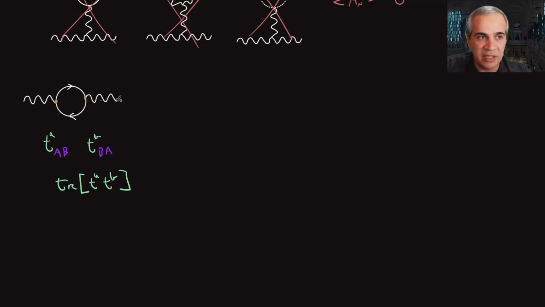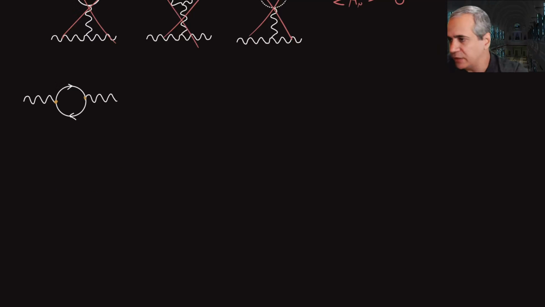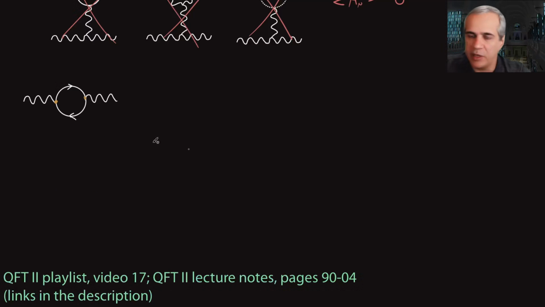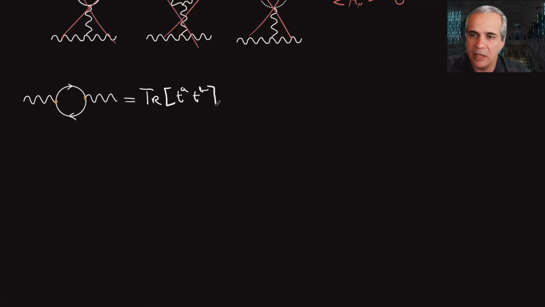So you have essentially the QED loop times this new factor in front. Let me write that. I'll put the reference for the QED calculation in the description if you don't remember. But now I have this trace of T^A T^B times the thing we already knew from QED.